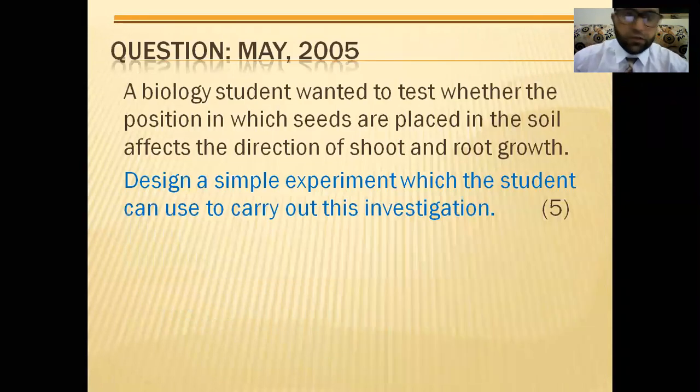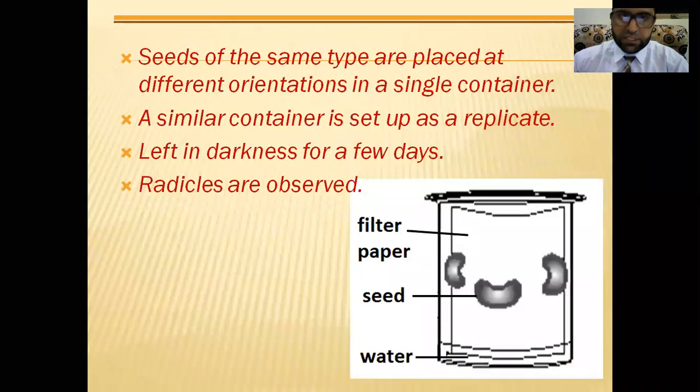Here is a question. Students wanted to test whether the position in which the seeds are placed in the soil affects the direction of shoot and root growth. So design a simple experiment which the student can use to carry out this investigation. How? Seeds of the same type are placed in different orientations, in different directions in a single container.